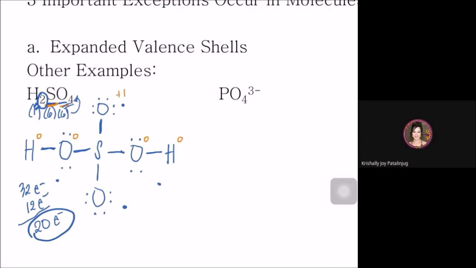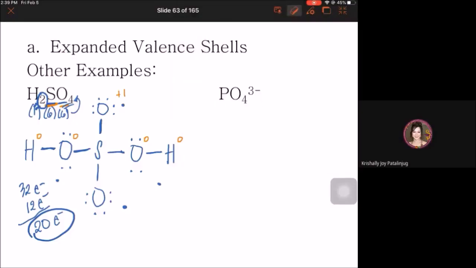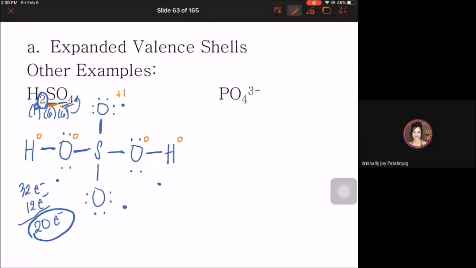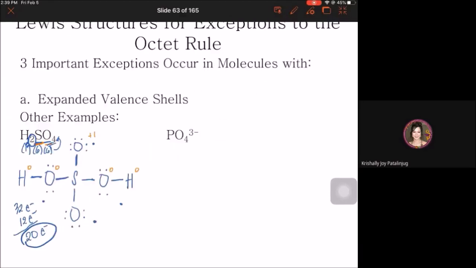Or negative 1? Negative 1. Okay? So, magkakaroon siya dito ng formal charge na negative 1. Ayaw ma-erase. Oh, wait ha. Ayan. Okay. So, negative 1. So, ganun din sa baba. Negative 1 din yung formal charge nito.